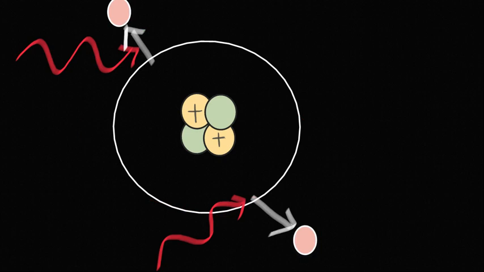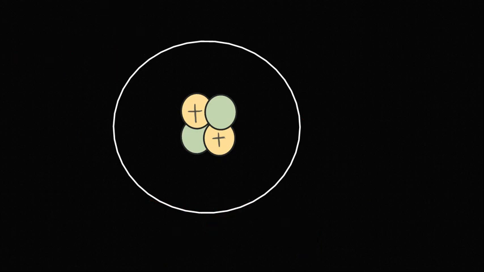Now what are you left with? You are left with only two protons and two neutrons. Let us assume that the mass of the neutron is very similar to the mass of the proton.